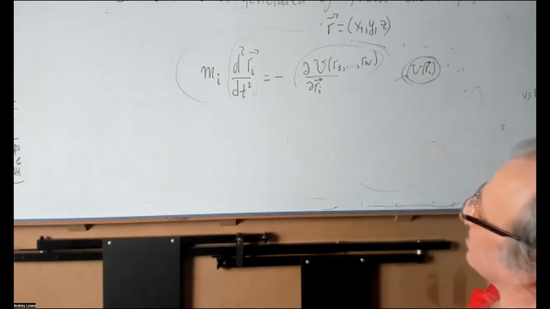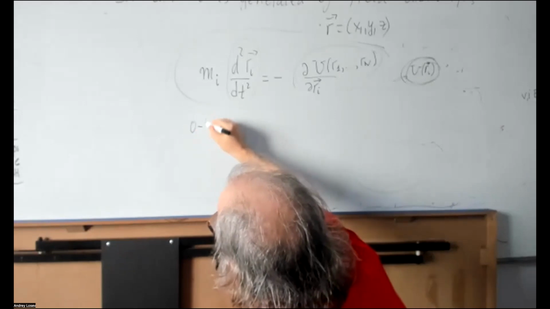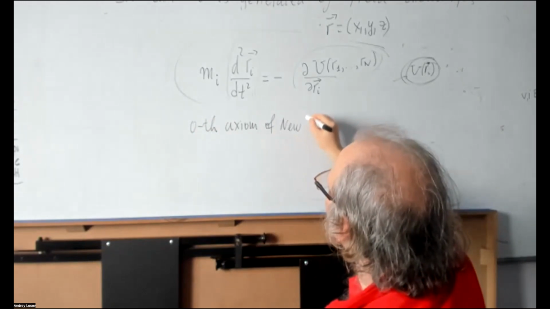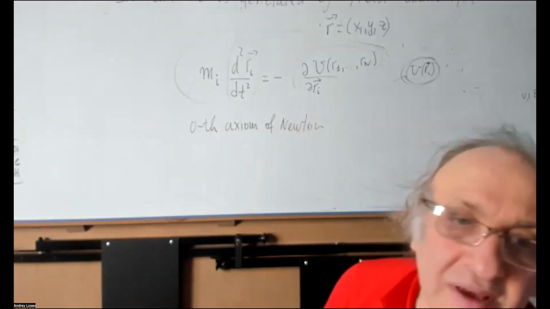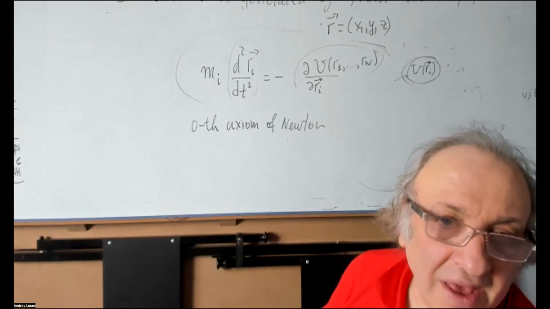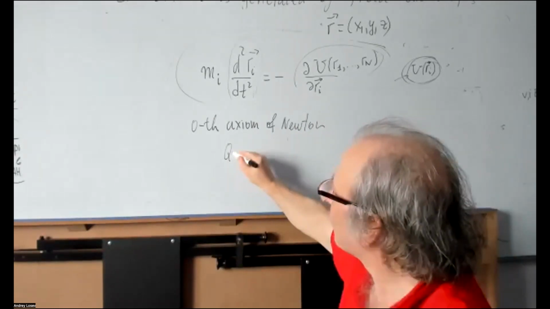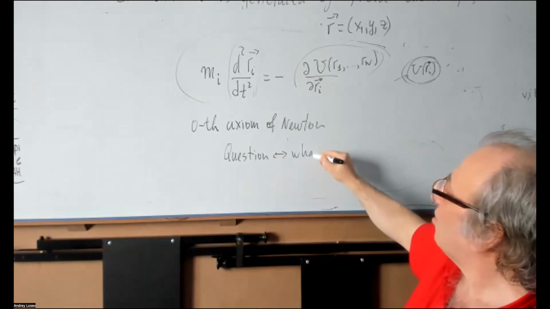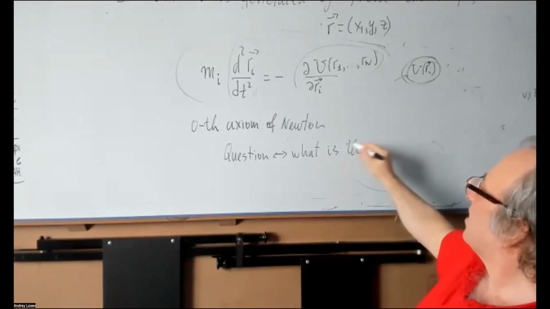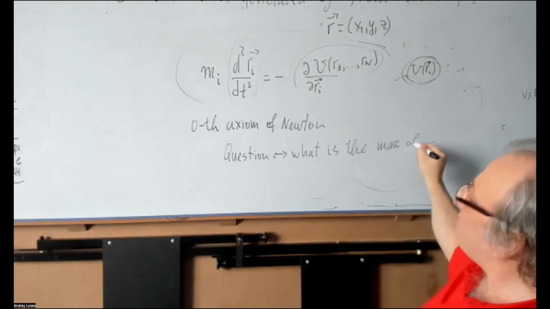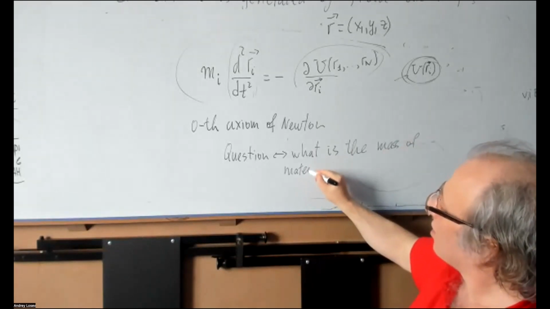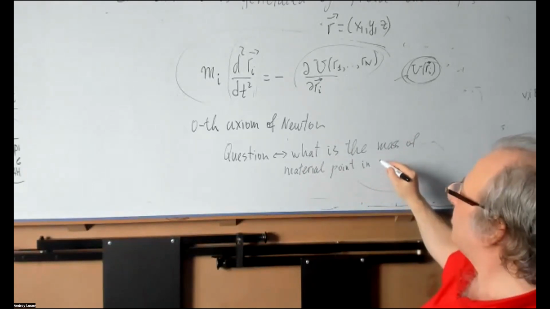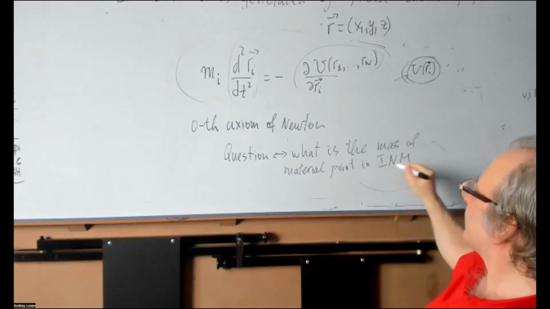Now, another question. If there is the zeroth axiom of Newton, that he never gave, then there is a natural question. What is the mass of a material point in improved Newton mechanics?